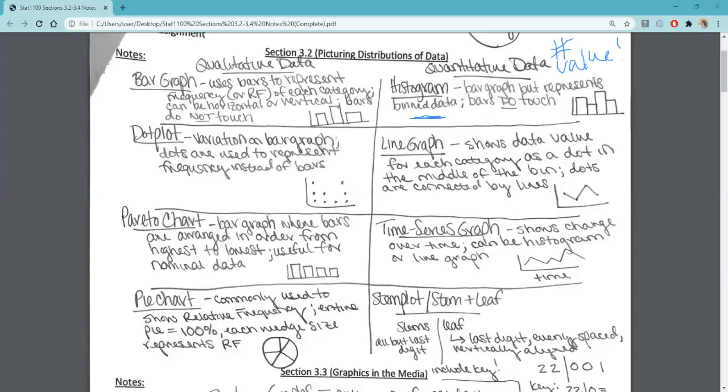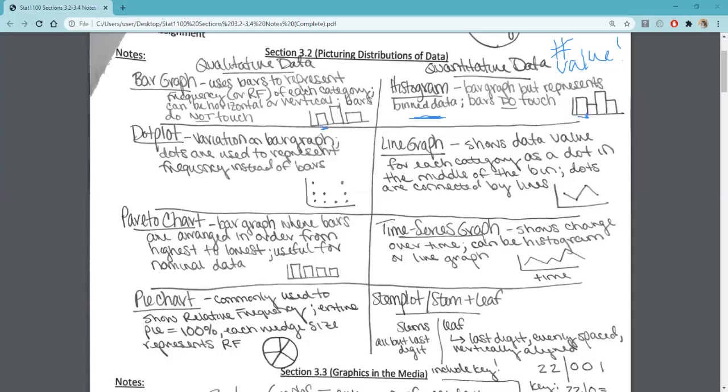So just imagine that we're working with the binned frequency distributions that we talked about in section 3.1. So where one category ends is going to be right where the next one starts. And that is why they do touch, because it does matter where each bar begins, right? It's not like this one over here where they're separate categories.